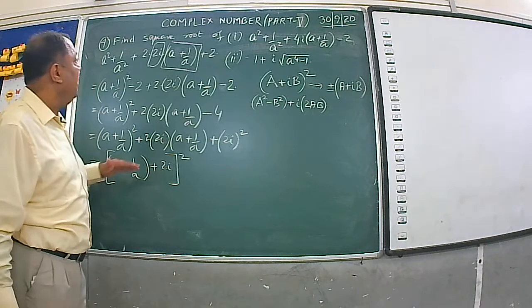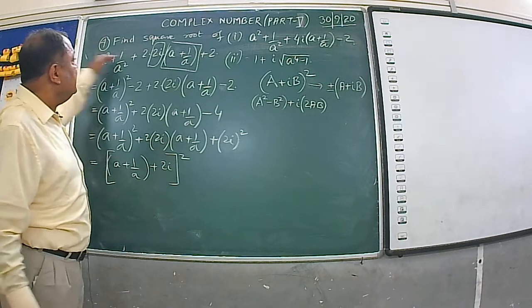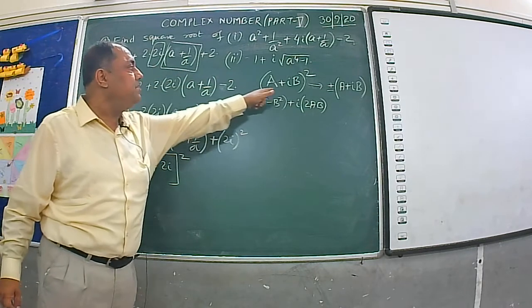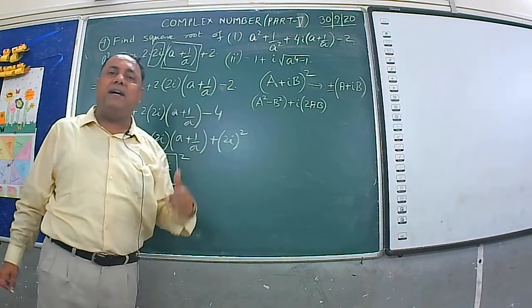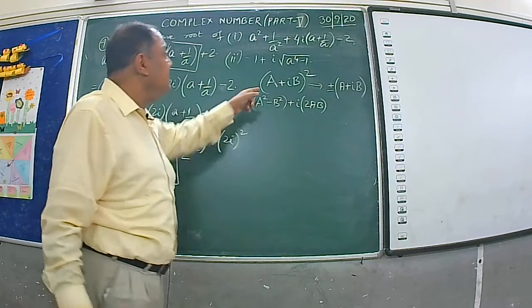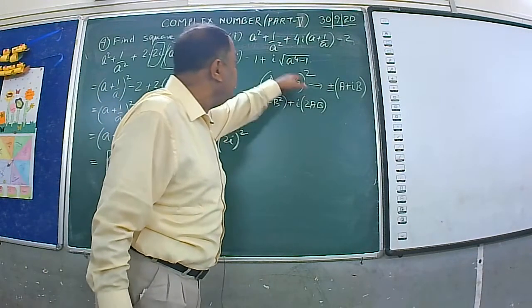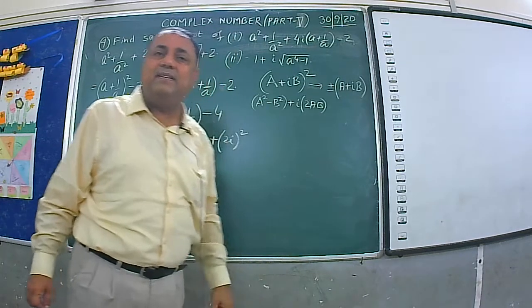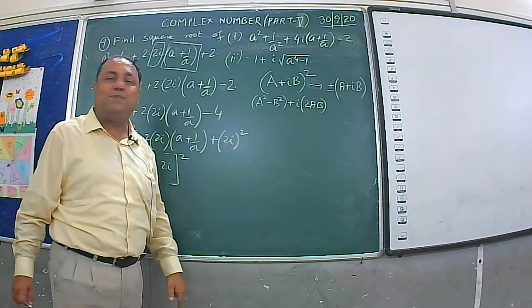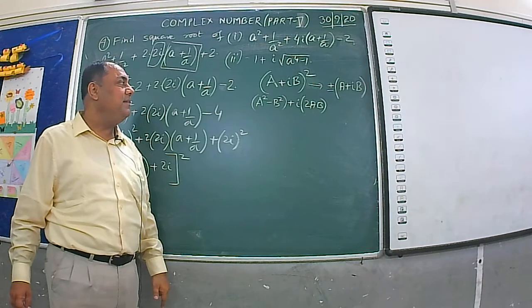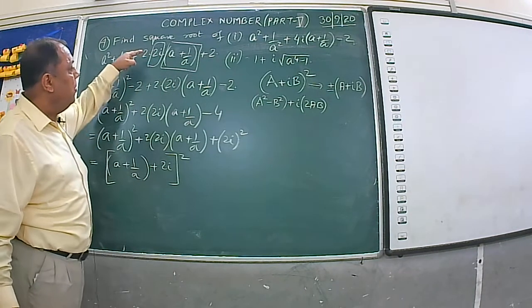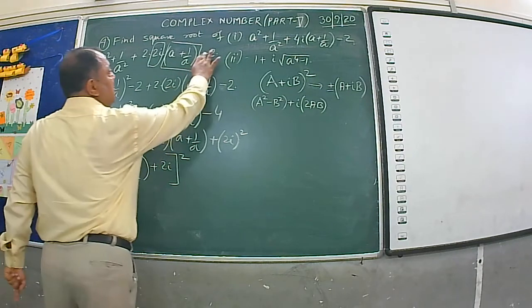I repeat once again, this is the given expression. I have to express it in this particular form. The reason is that if I can express it in this particular form, directly I can write the square root as plus minus A plus iB. So therefore, I have to reduce on my simplification. This is also minus, mind you.